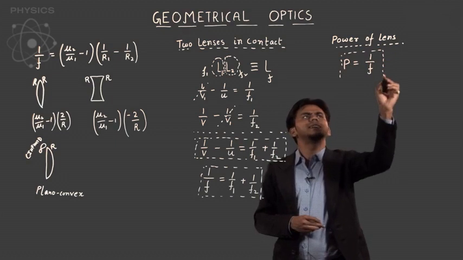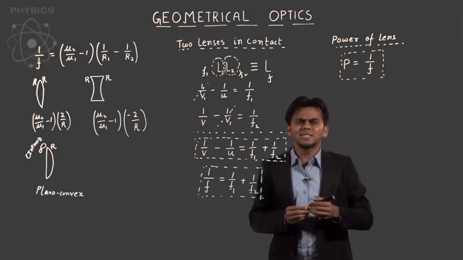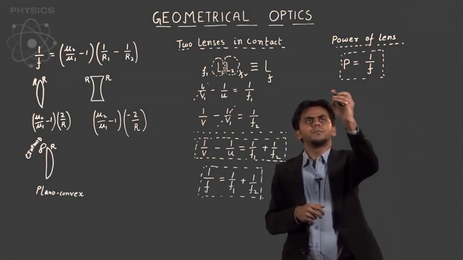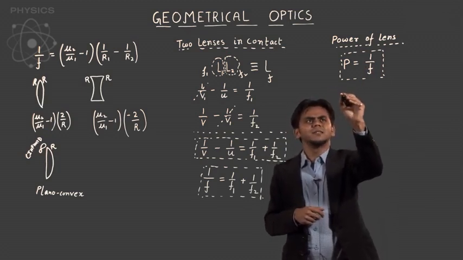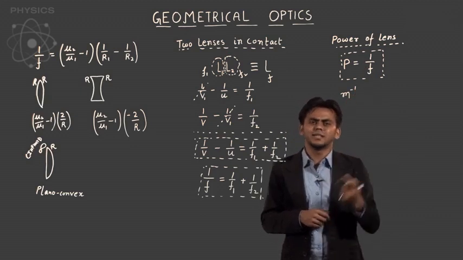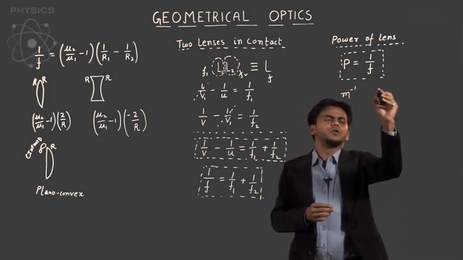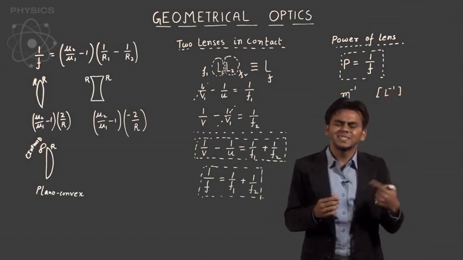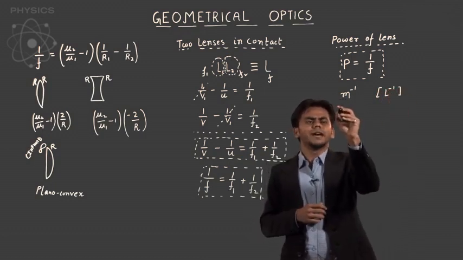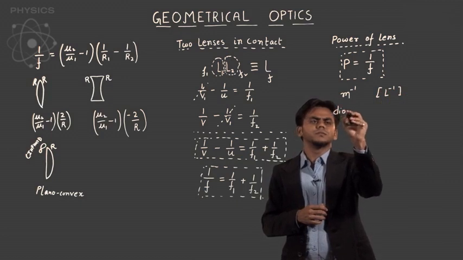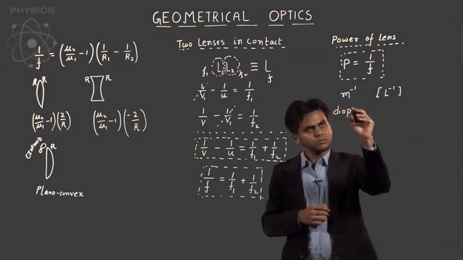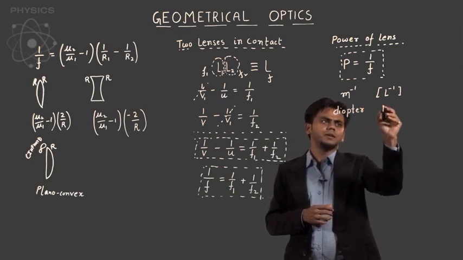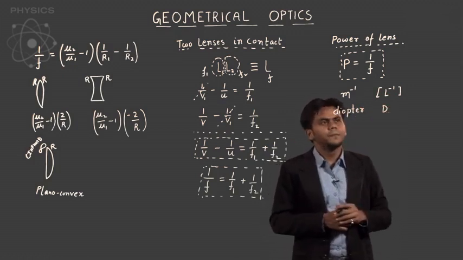And if I'm following SI systems, focal length is essentially in terms of meters. So this would be 1 by meter. So power has meter inverse as the dimension, or if you want to write a dimensional formula, it's L to the power minus 1, and the SI unit or the name is diopters. And the symbol is simply capital D, right?